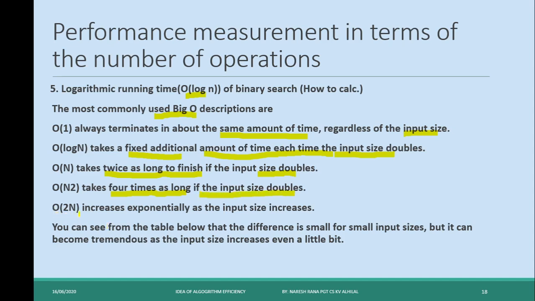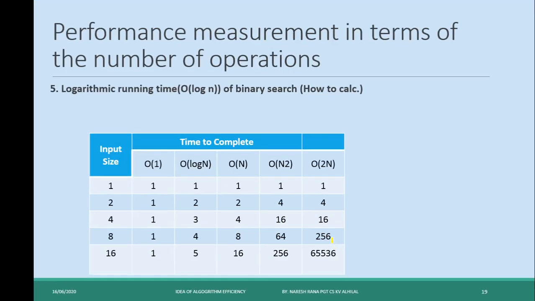So O(2^n) increases exponentially as the input size increases. We can see from the tables below, the difference is small for small input sizes, but it can become tremendous as the input size increases. So let us understand. Input size is 1: O(1) is 1, log n is 1, n is 1, n squared is 1 and 2^n is 1.